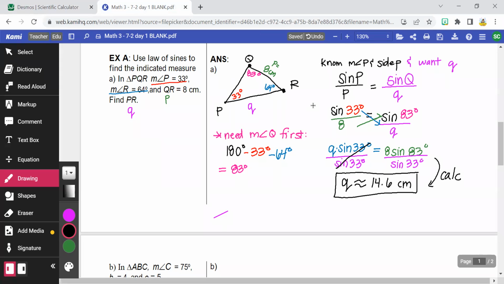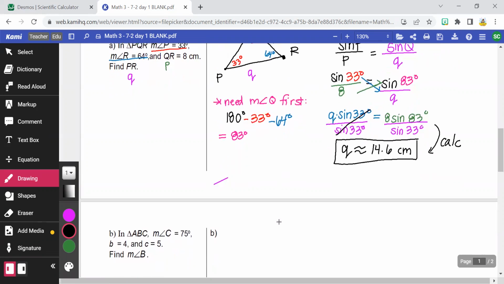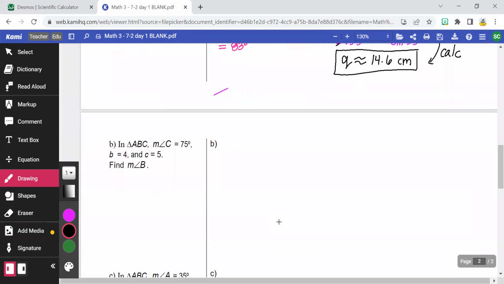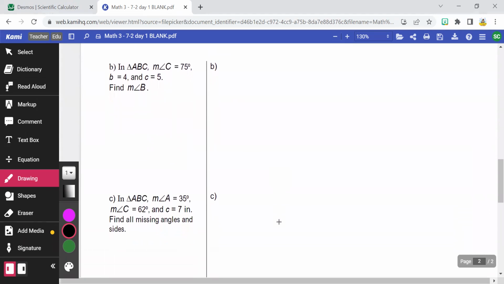Okay, so that is using the law of sines to solve for a missing side of a triangle that is not necessarily right, meaning having a right angle. Let's look at another example. In this one, we're looking for an angle. So in triangle ABC, we have that measure of angle C is 75 degrees.